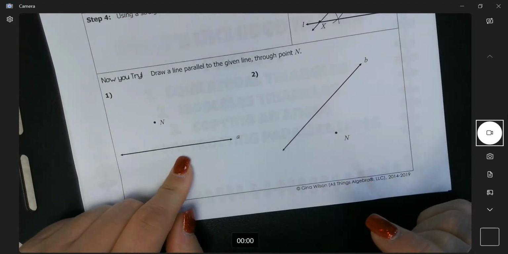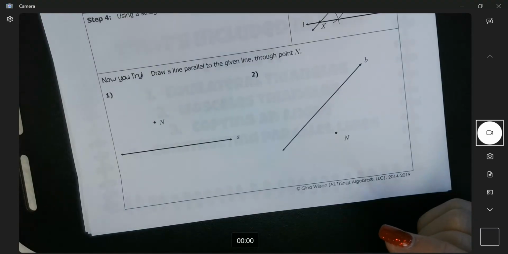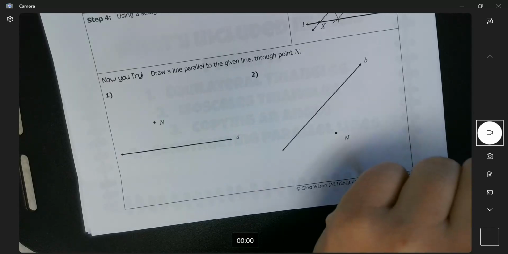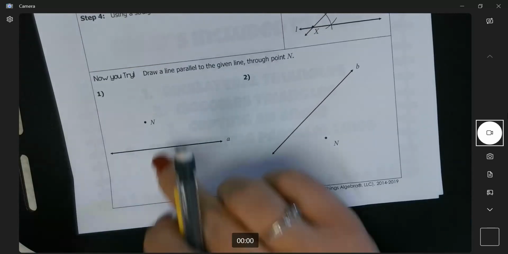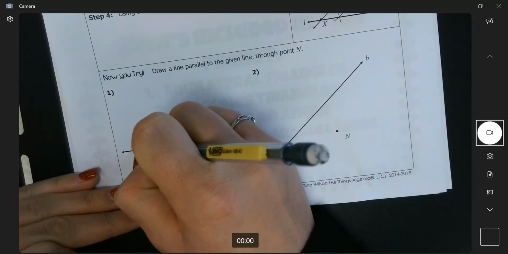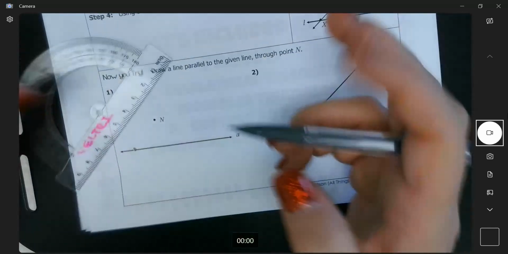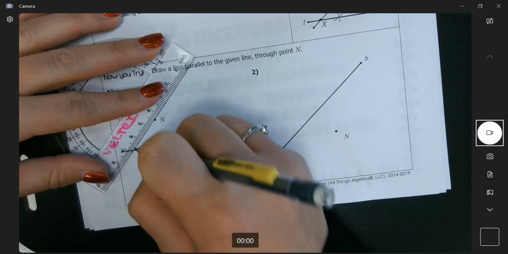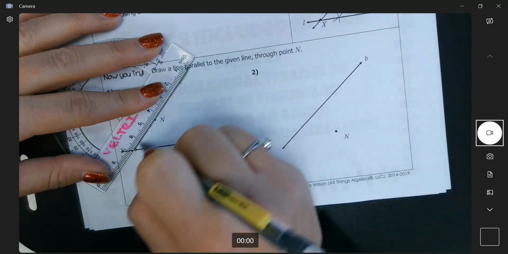I'll leave number 2 for you guys to practice on your own if you didn't already. With number 1, if we're trying to do a line that's parallel through this specific point here, I'm going to just make a point anywhere on that line that we're given and connect N through that, but I'm going to make it like an exaggerated line here, like make it long.